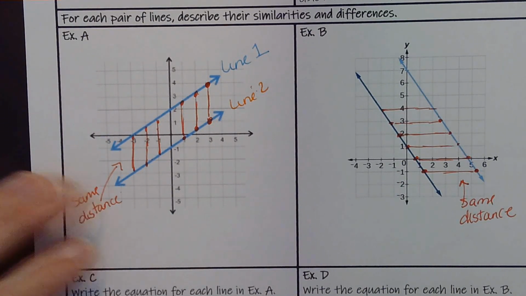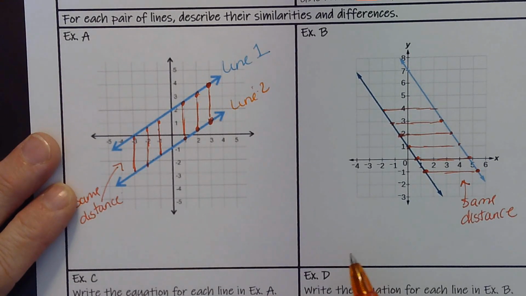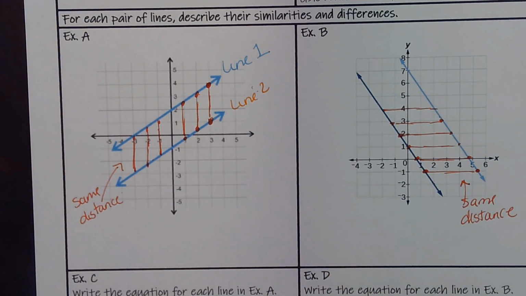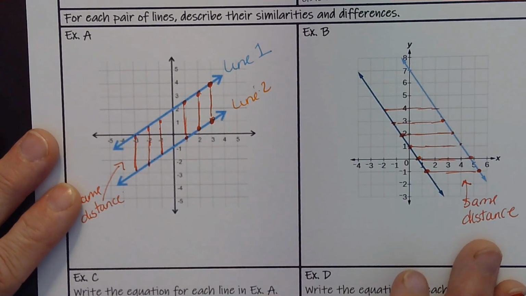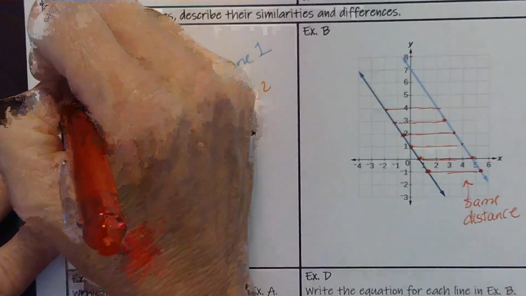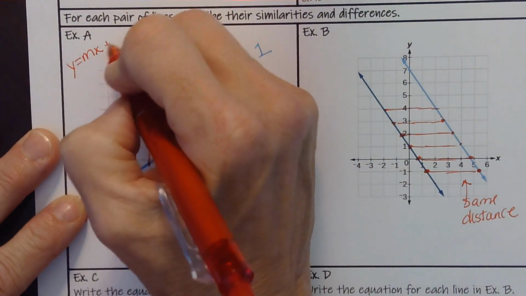I want us to think about what's needed in order to write the equation for a line. Well, in our intro lesson, our review of Algebra 1 in our previous video, we talked about there's two forms of equations that we can work with. We have slope-intercept. Remember, that's y equals mx plus b.